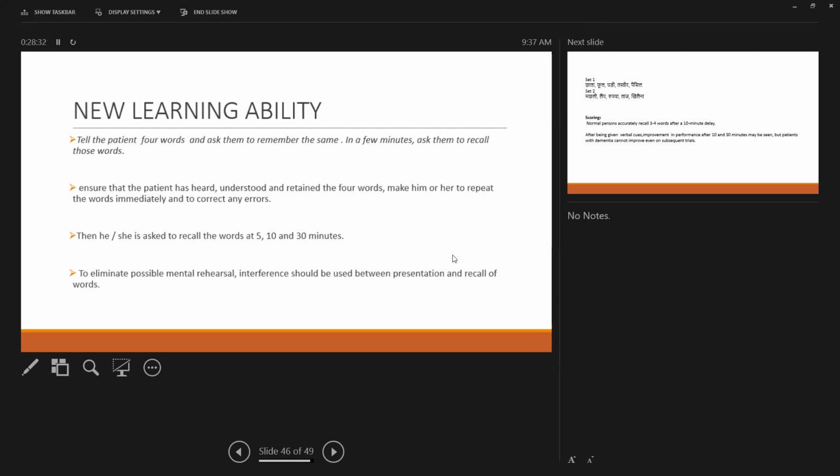He might understand, he will comprehend that he has to blow a candle, but the process to blow a candle is different. That is a motor apraxia. अगर language apraxia, उसको हम language aphasia से कैसे differentiate?